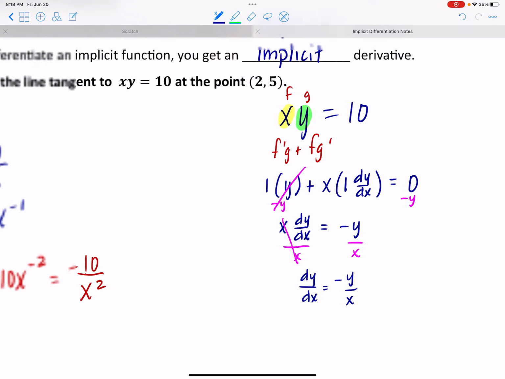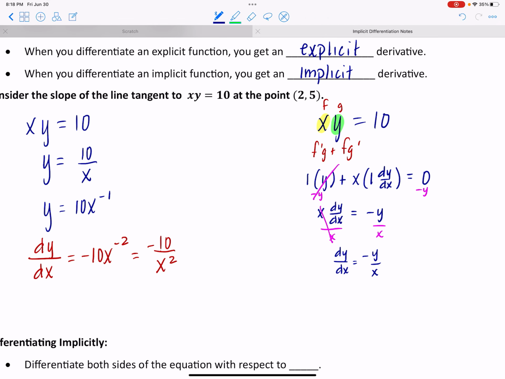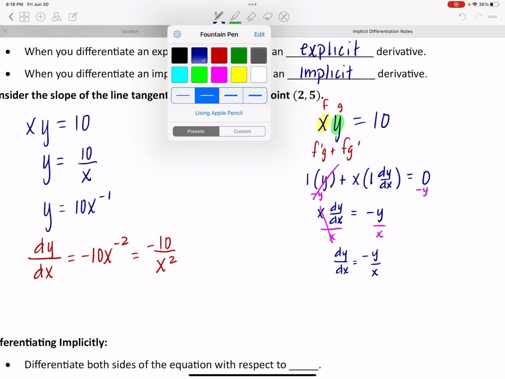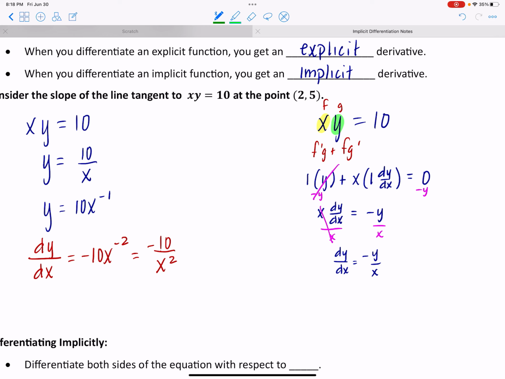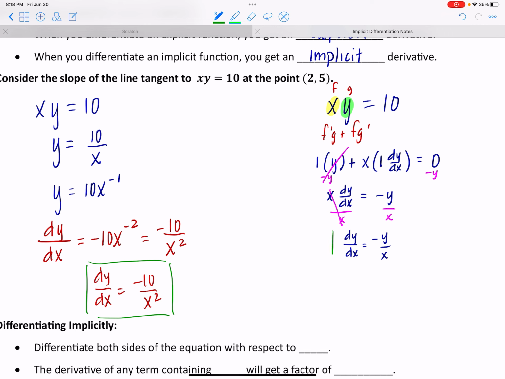So now we have 2 different versions of our derivative. Over here, we're saying dy dx is negative 10 over x squared. So that's one version of our derivative. And then over here, we're saying dy dx is negative y over x. That's a second version of our derivative.